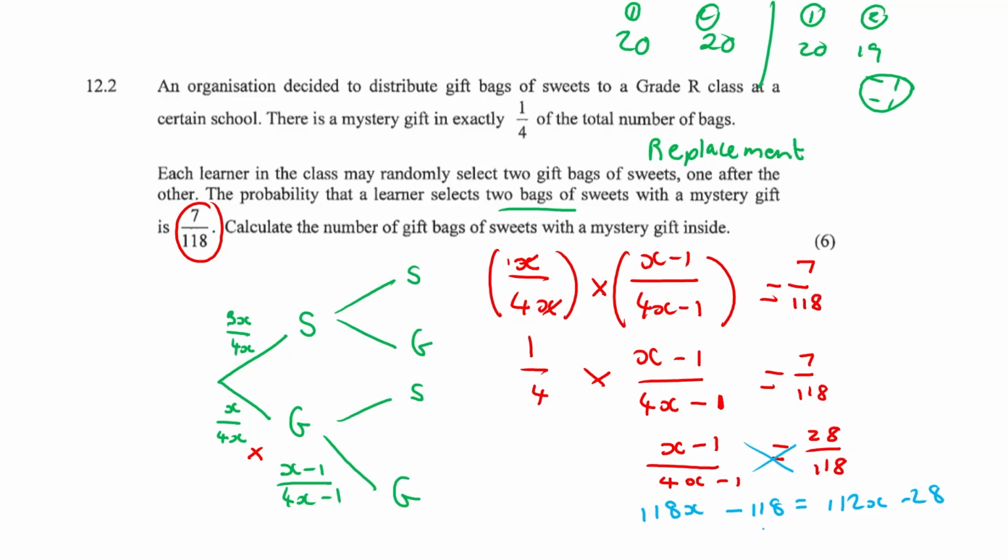It'll become negative. So 118 minus 112 is equal to 6x. This negative 118 we have on the left, we take it over to the right. It becomes a positive 118. Negative 28 plus 118 is equal to a positive 90. Therefore, x is equal to 15. And that is our final answer.